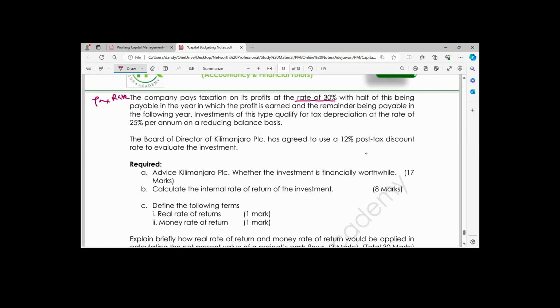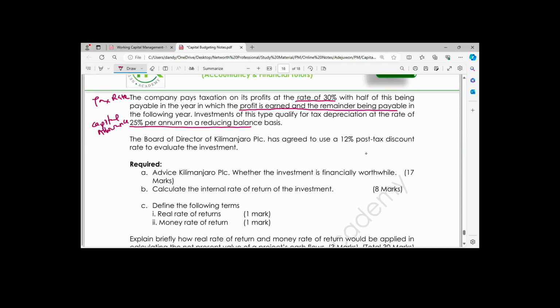Investments of this type qualify for tax depreciation at the rate of 25% per annum on a reducing balance basis. The Board of Directors of Kilimanjaro PLC has agreed to use a 12% post-tax discount rate to evaluate the investment.